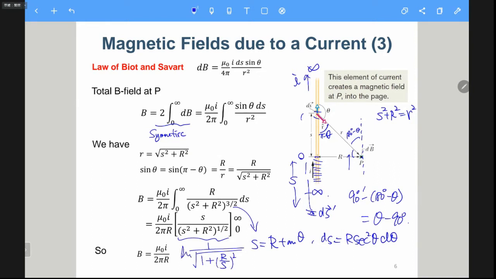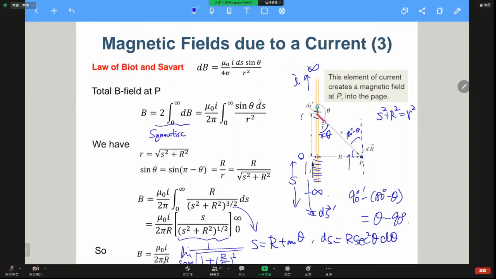If s tends to infinity, then this term will be 0, so the whole term will be 1. If we evaluate it at 0, then 0 plus R squared, so this term will be 0, and this term will be 1. So finally, we have capital B equals mu naught I over 2 pi R.